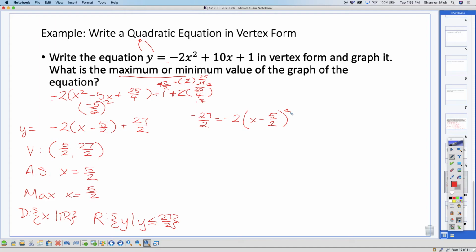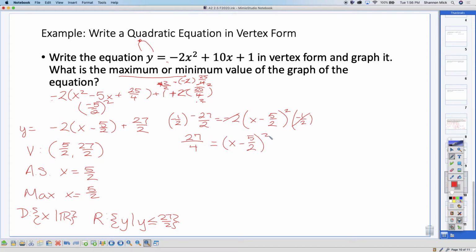Now Ethan, this is where I was talking about dividing by 2 being the same as multiplying by 1/2. A negative times a negative is a positive, and 2 times 2 is 4. So x minus 5 halves squared.